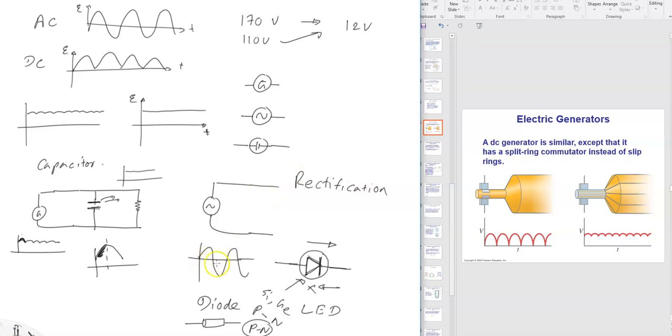You can make this oscillating wave into this using a bunch of diodes, like a DC generator, and then you put the capacitor to make it more smooth, right? Okay, 30 minutes, that's it for this video.